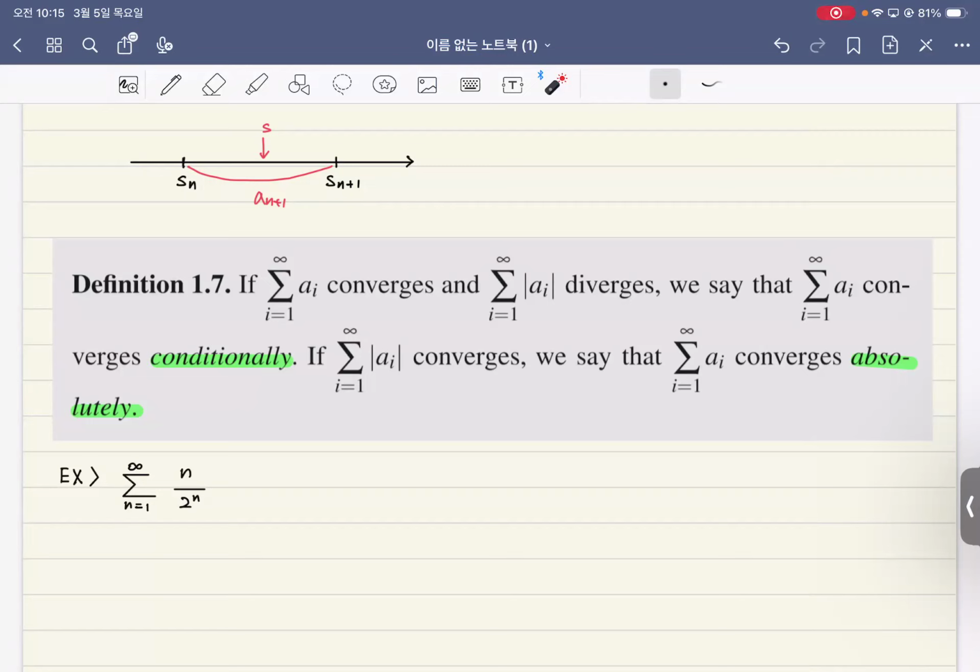And the exponential function is increasing way faster than the polynomial function, right? So in the long run, the denominator will dominate over the numerator, therefore it should be convergent.